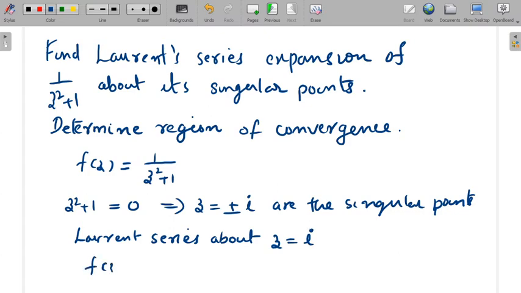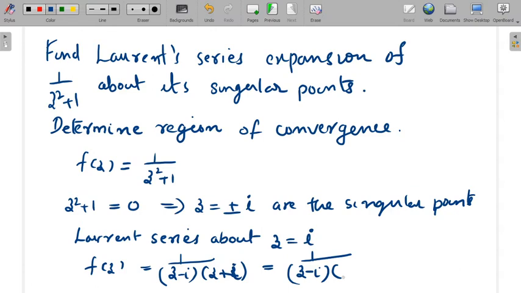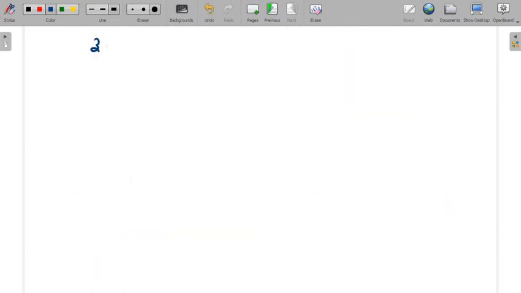So we write everything in terms of z minus I. And f of z can be written as z minus I into z plus I. So to write everything in terms of z minus I, you can change this as z minus I into z plus I is z minus I plus 2I. Right? And now we give z minus I the name t.